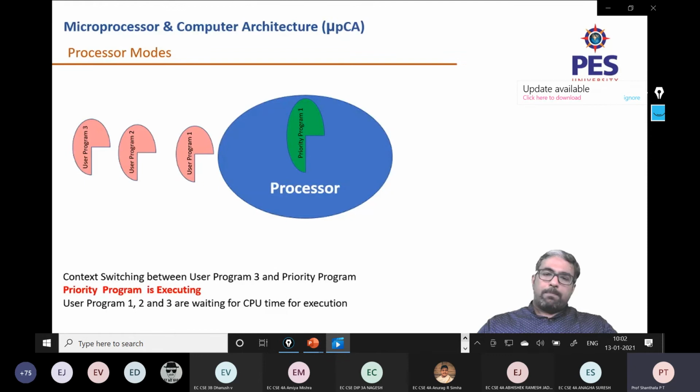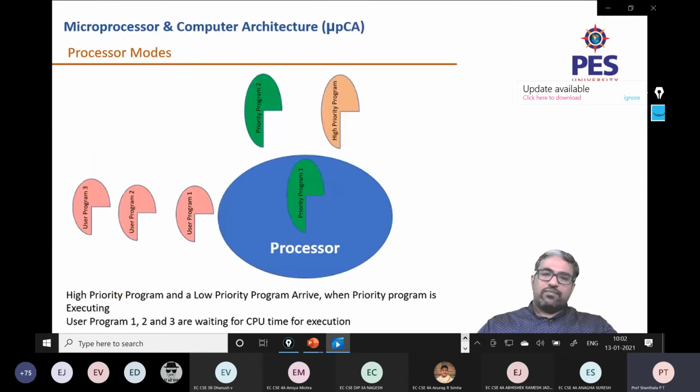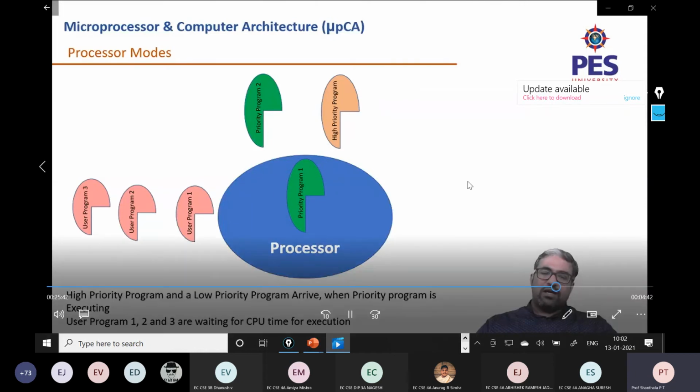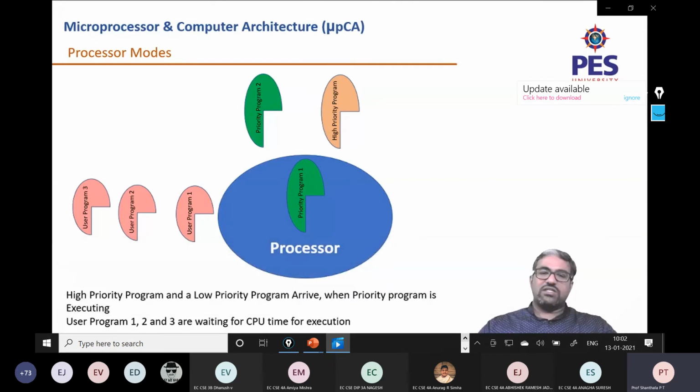When priority program 1 is executing, at the same time, another high priority program of the same priority has also arrived. So the user program is waiting, the low priority program is waiting, and the high priority program is waiting.